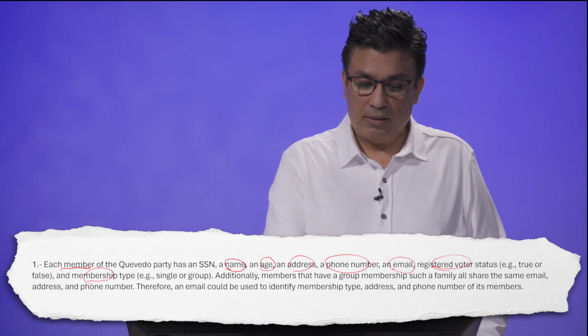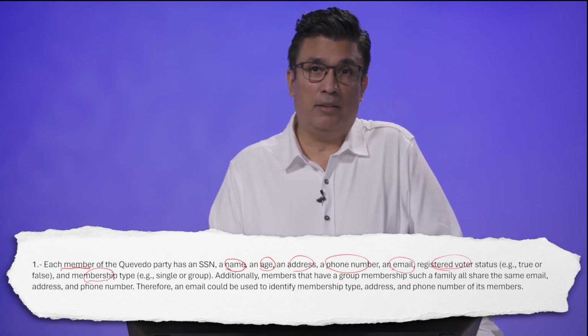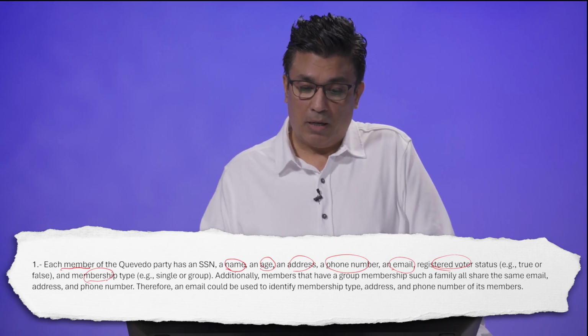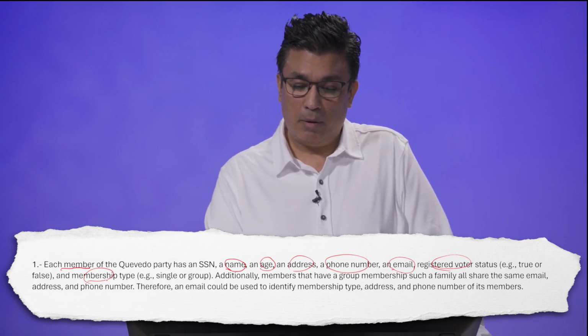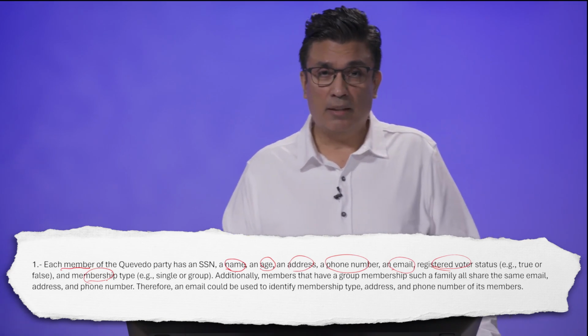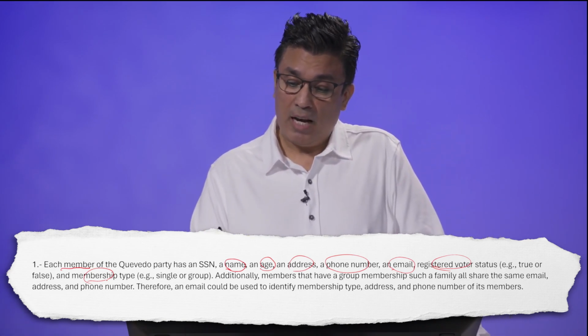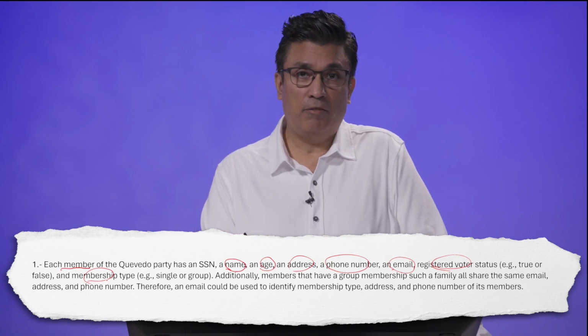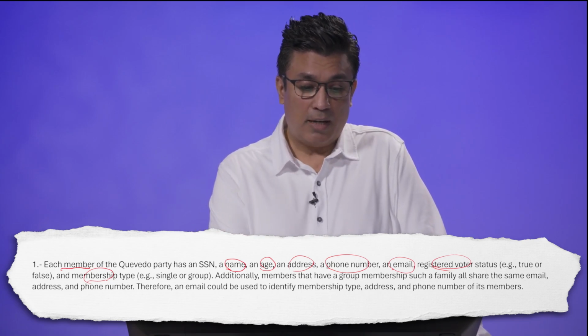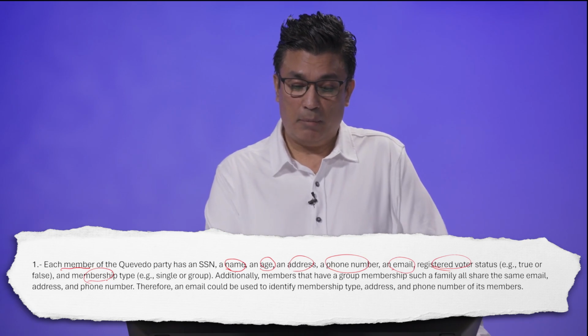Now, there is a second sentence in this paragraph that talks about group memberships, for example a family. They have to have the same email, address, and phone number, which gives a restriction on the membership type.